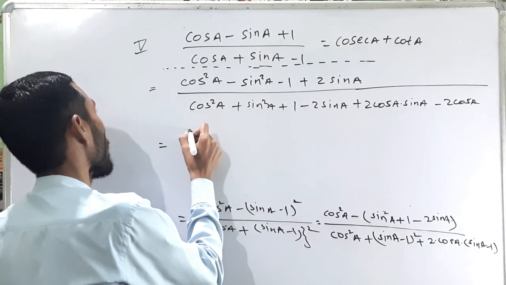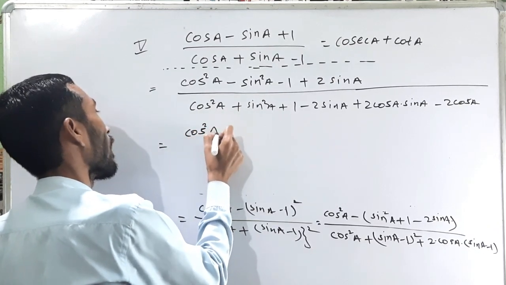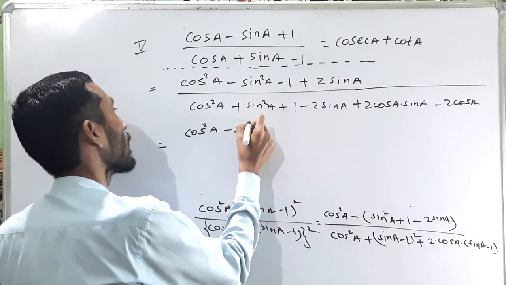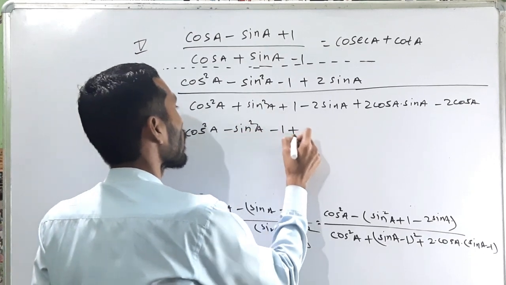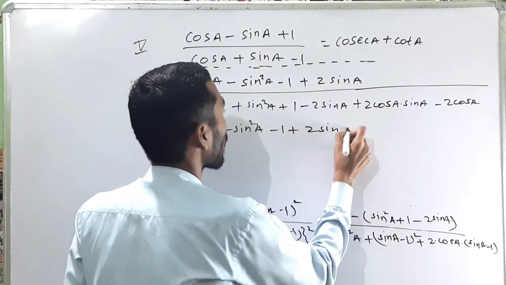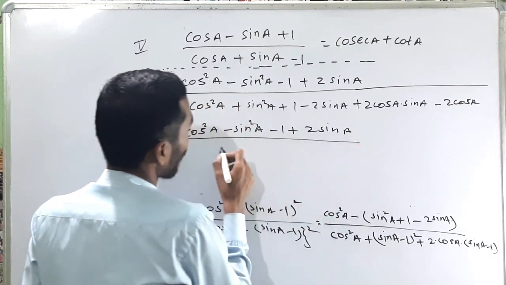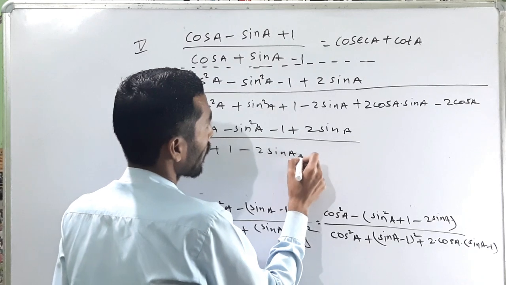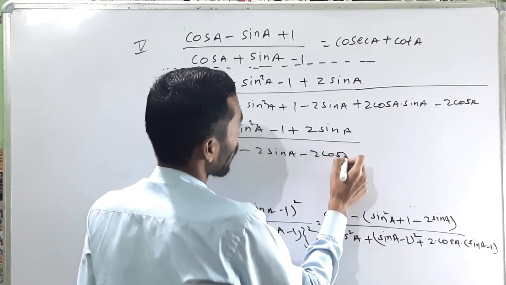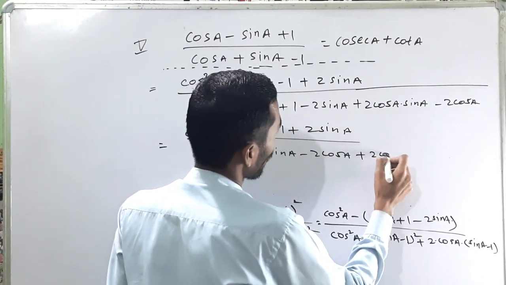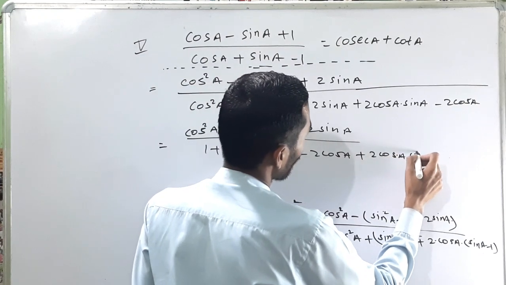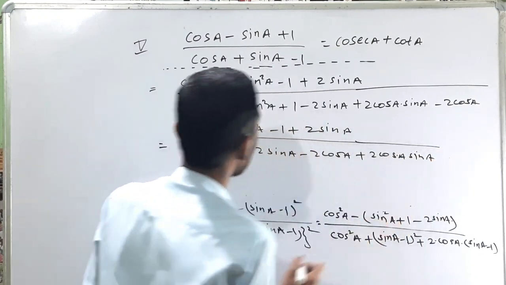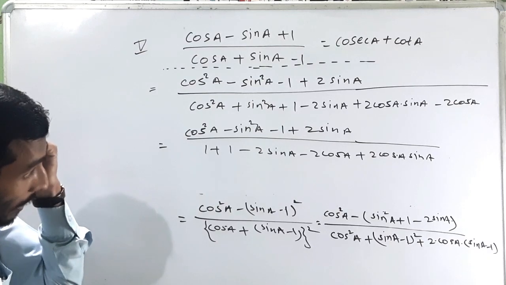Let's see after some steps: 1 plus 1 minus 2 sin a minus 2 cos a plus 2 cos a into sin a. What will happen?